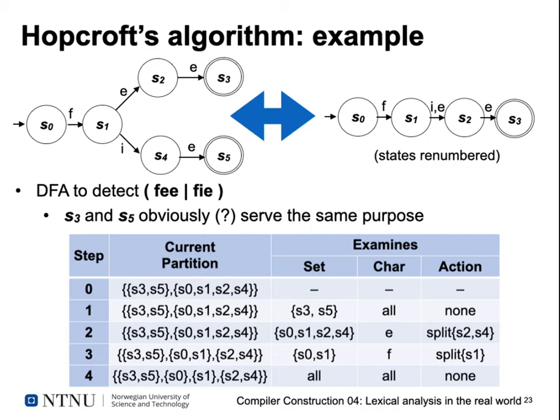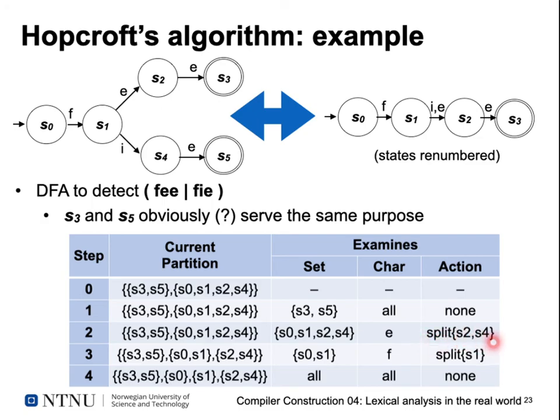Then we'll take another look at our current partition again here, S3, S5, and the others, the non-accepting states. And then we take a look at the non-accepting states here first, and we read an E. Well, we need to split the set of states.